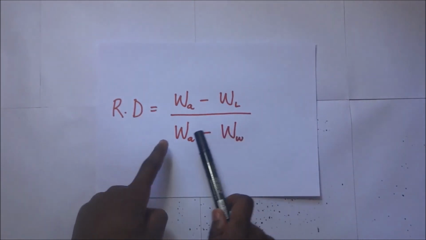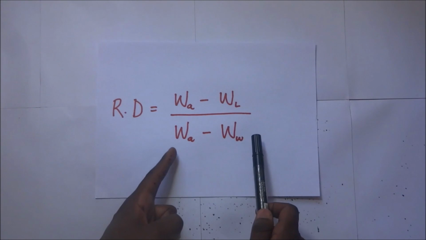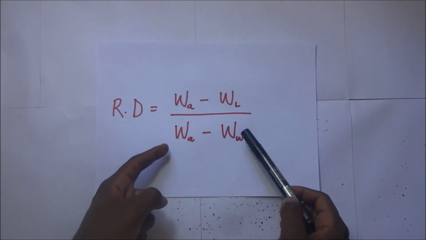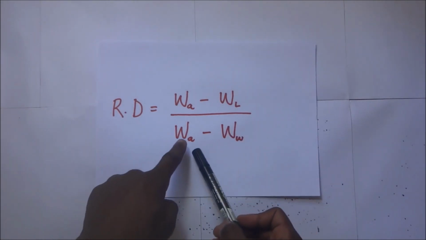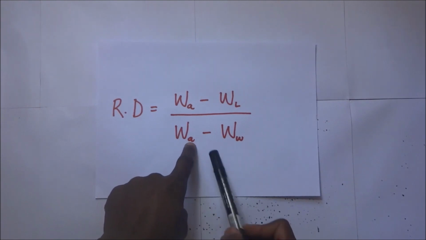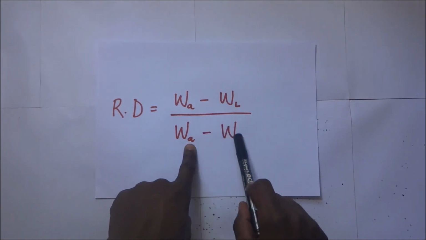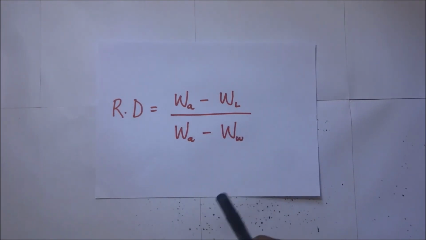Divide that by the apparent loss in weight of the solid when it is immersed in water, which is the weight of the solid when it is in air minus the weight of the solid when it is in water. That is how we find relative density of a liquid experimentally.